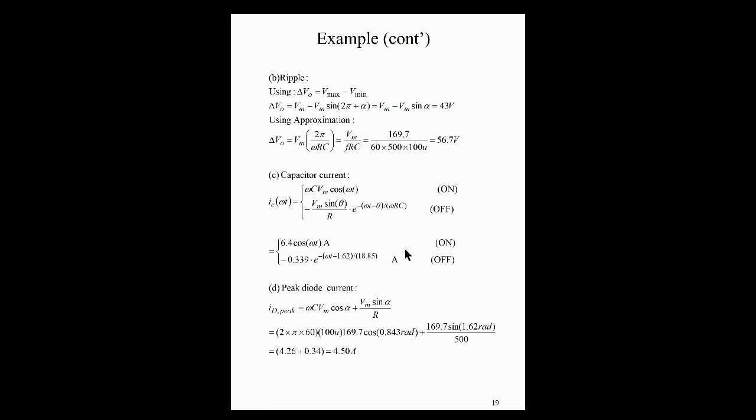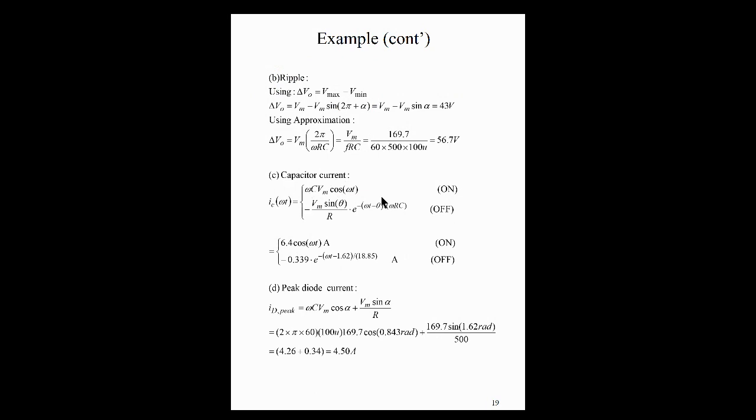So we could also now calculate the ripple. Remember, the ripple is the difference between the maximum and the minimum voltage. So again, we use that formula. It's just the peak over FRC. We substitute these values and we get 56.7. And the capacitor current, remember we have the expression.